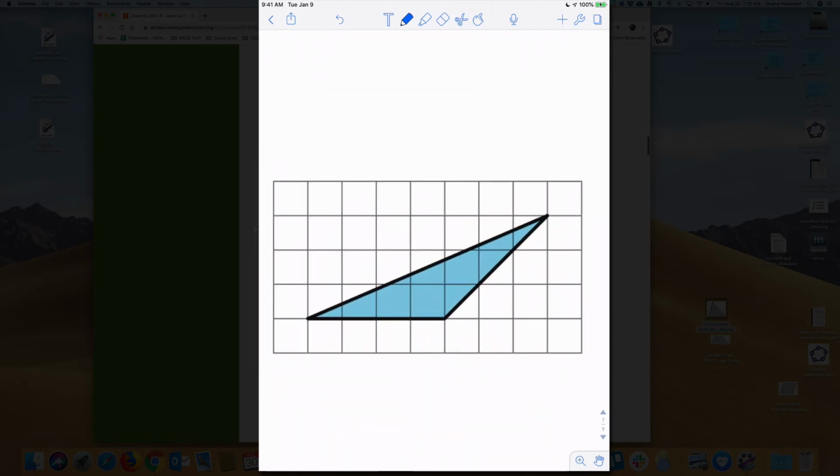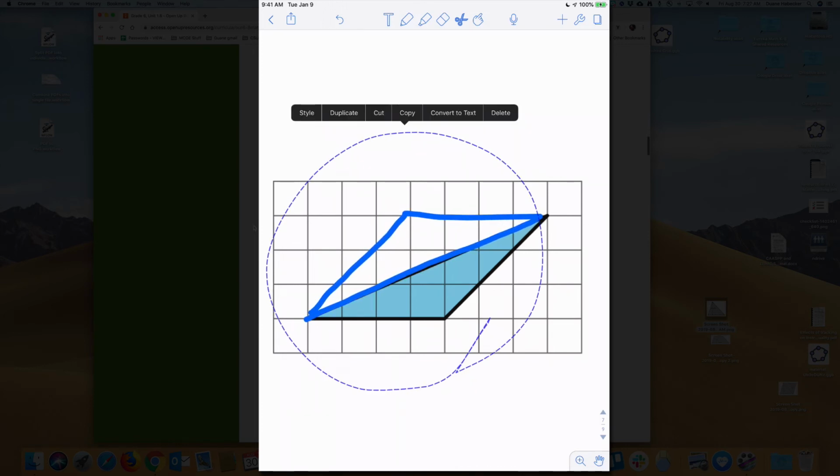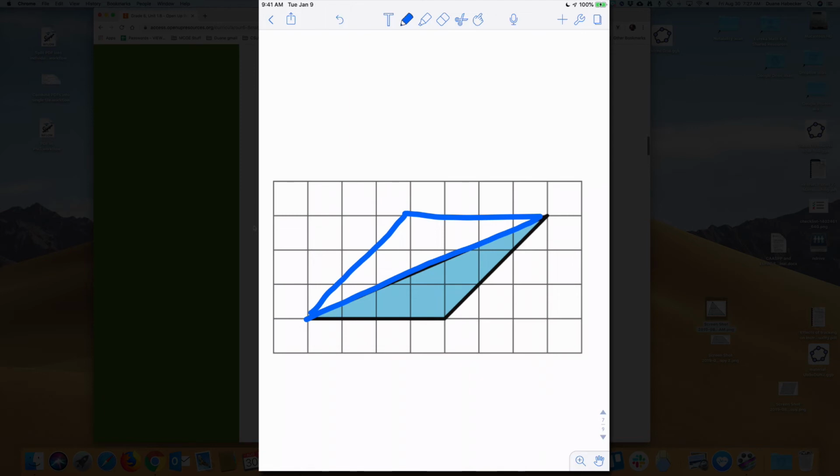Ooh, what are we going to do here? Holy moly. We know we can always double the original triangle to create a parallelogram. So there's our original, and there's our new, and we can see that that new parallelogram has a base of 1, 2, 3, 4, has a height of 3.